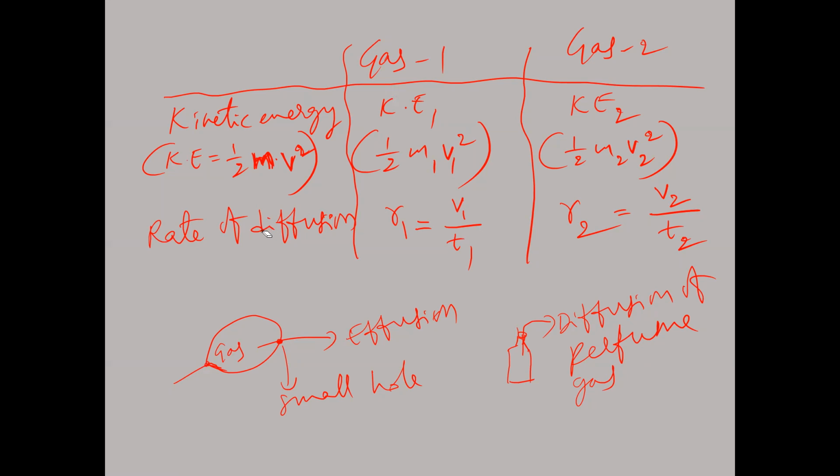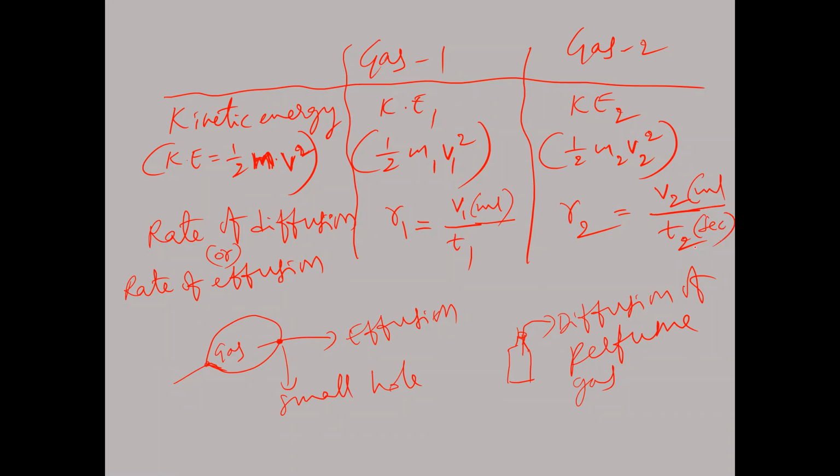Rate of diffusion and rate of effusion will both be taken in a similar way. Both are taken as R only: R1 for the first gas and R2 for the second gas. Here V1 is the volume of the first gas in milliliters, and R2 is the volume of the second gas in ml divided by the time taken in seconds.